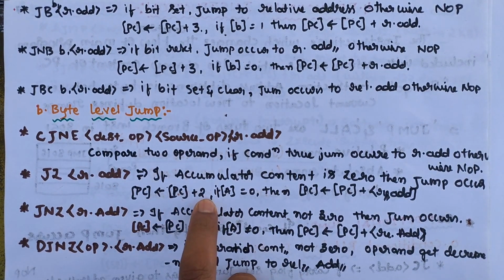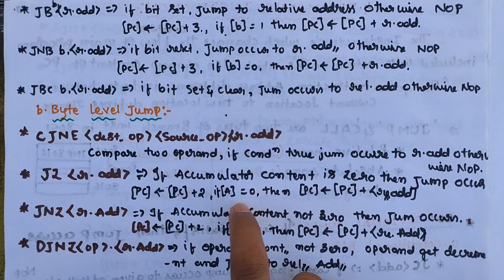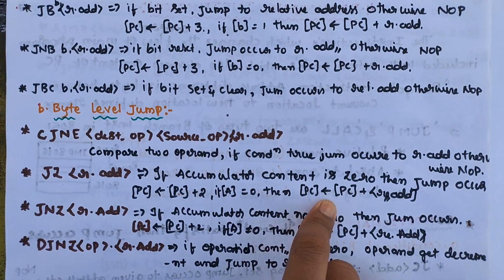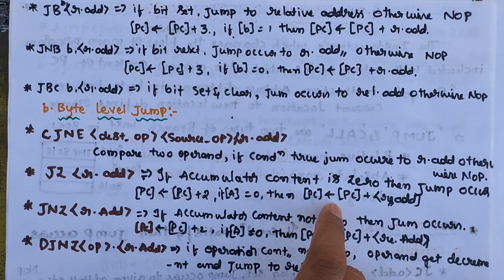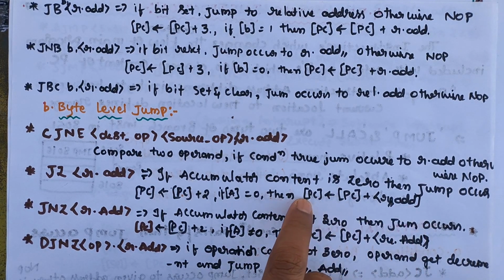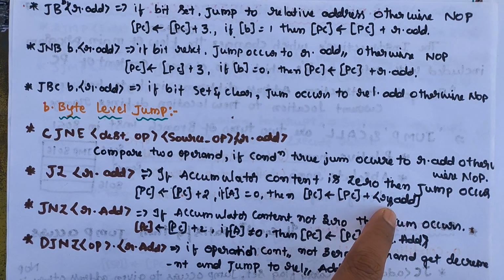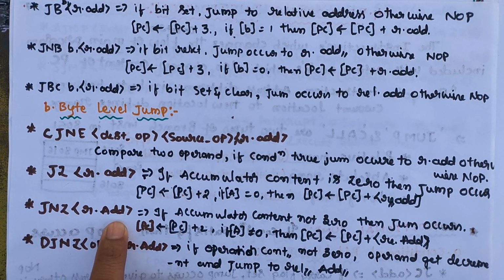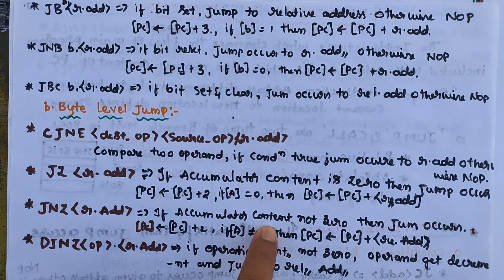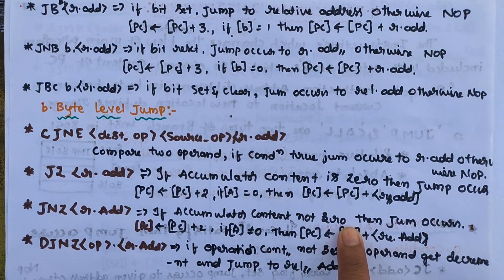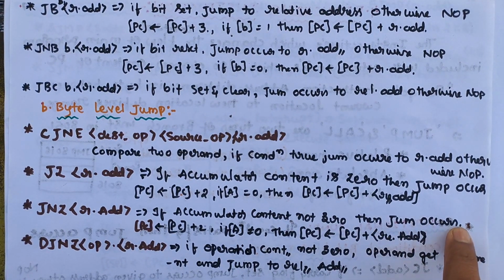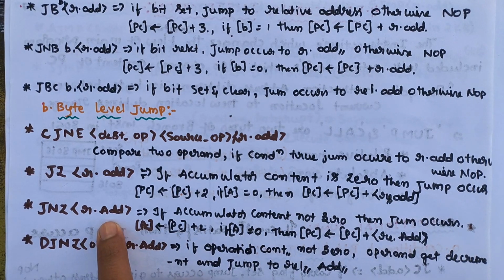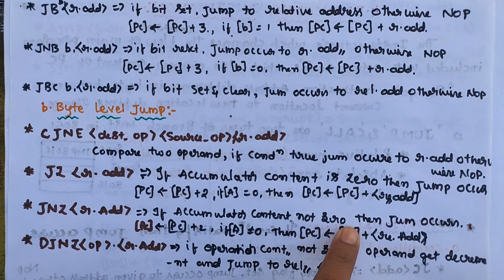The program counter gets incremented, and if the accumulator content is 0, the program counter is added with the relative address and jumps there. Similarly, JNZ, jump if not zero, jumps to the relative address if the accumulator content is not 0. It is the same as the JZ condition, but here the condition is that the accumulator is not equal to 0.